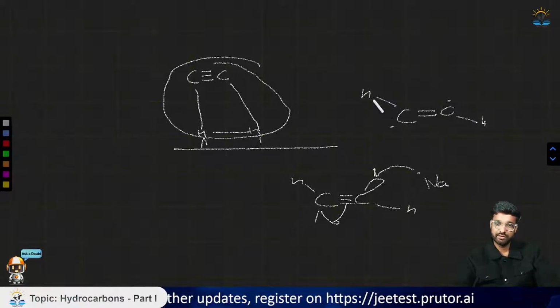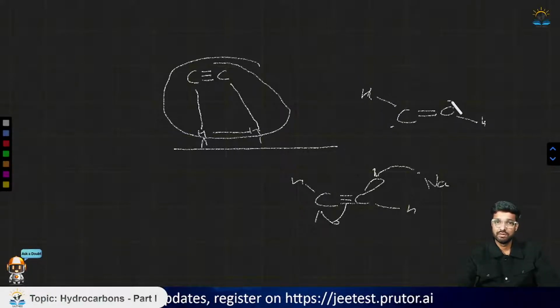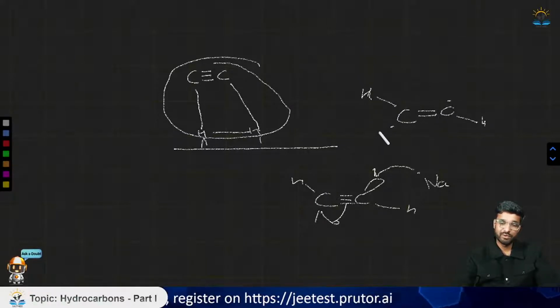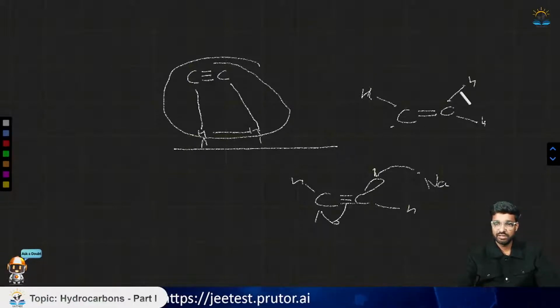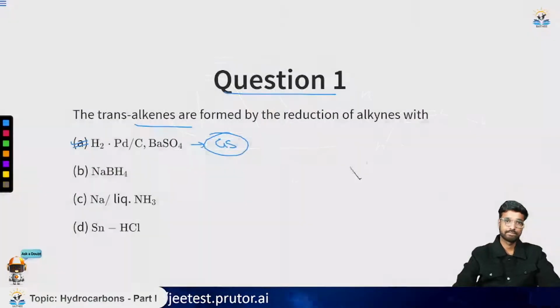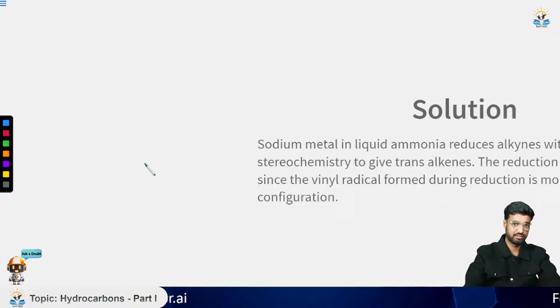Now since both these radicals are on the opposite side, a kind of anti-periplanar, both the hydrogens get added on the opposite side. So this is the correct answer. It will give trans alkene.